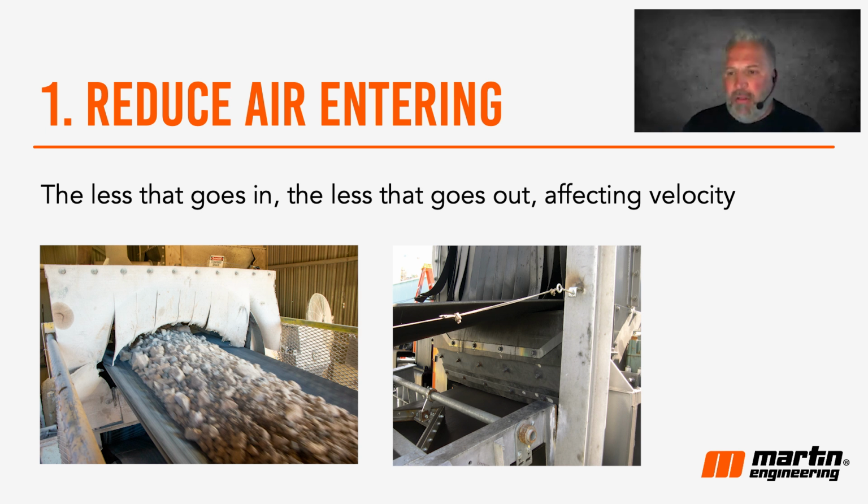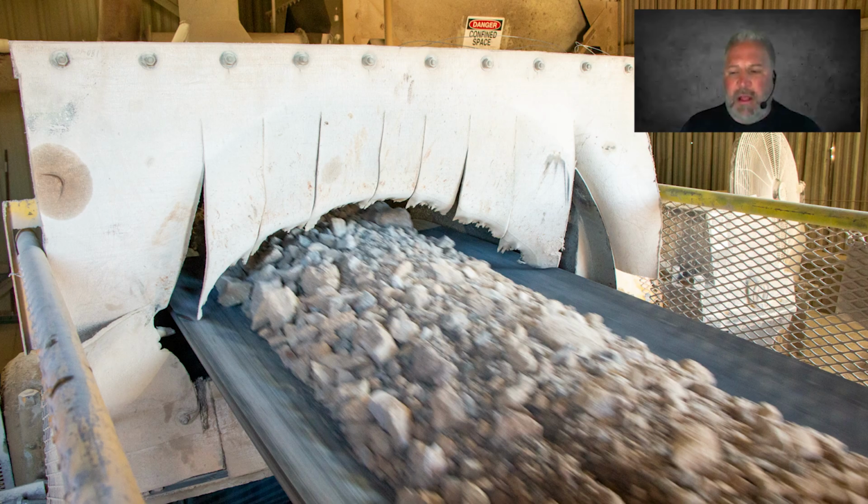And what you see here are pictures of facilities that have reduced the air entering their enclosure. The picture on the left is just simply some probably 3-inch minus material entering this head chute. And as that material enters the head chute, they have used, it looks like, some canvas in this situation, just to block off that airflow that accompanies that material.